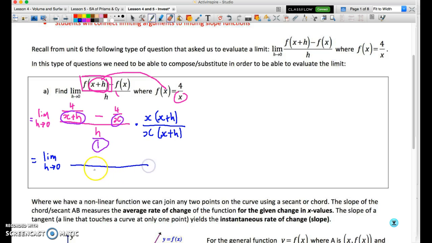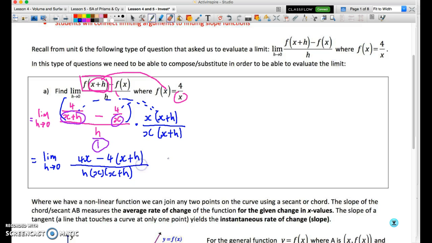In the denominator, I'm going to have h multiplied by x multiplied by x plus h, and then in the numerator I'm going to distribute the first term multiplied by my factor, and then the second term as well. And so I'm going to simplify to get 4x, because the x plus h's will cancel, minus 4 multiplied by x plus h.